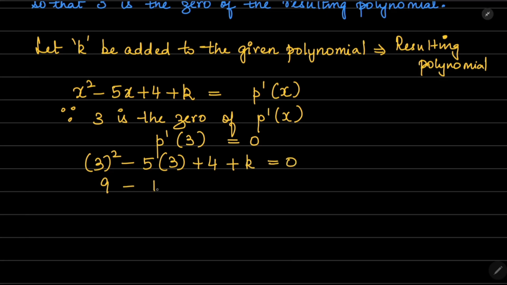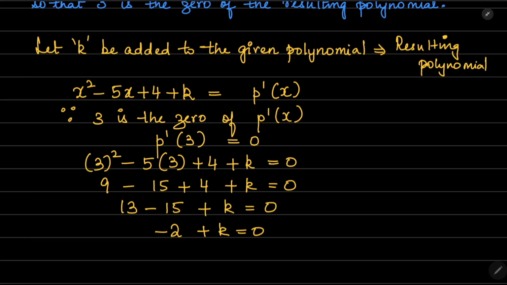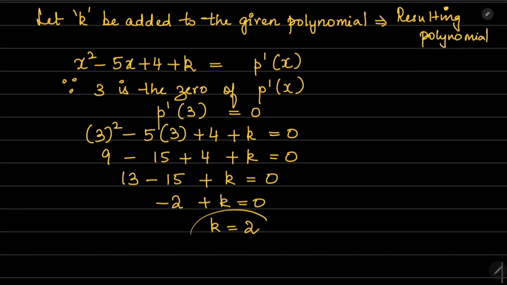So 9 minus 15 plus 4 plus k equal to 0. 9 plus 4 is 13, minus 15, plus k equal to 0. So minus 2 plus k equal to 0 and therefore your k is equal to 2. This is your final answer. So what does it mean? 2 has to be added along with the given polynomial.